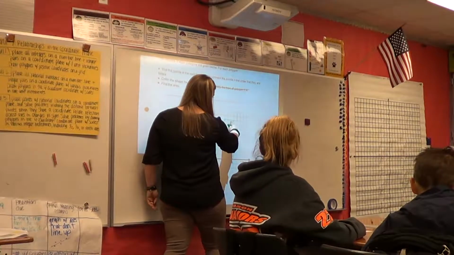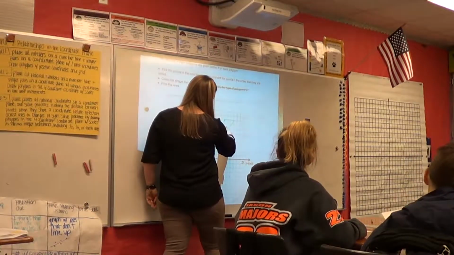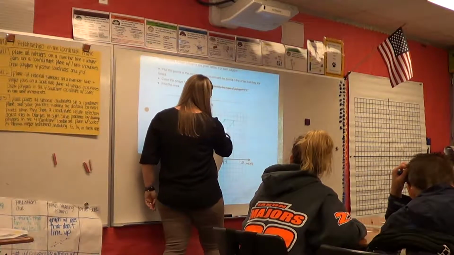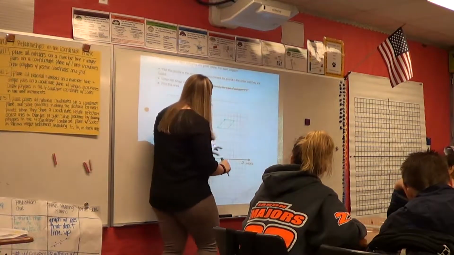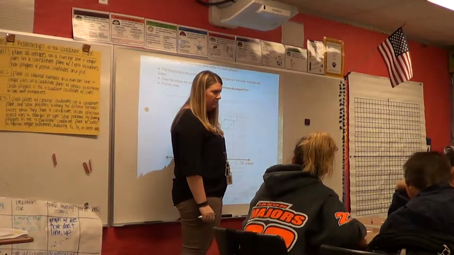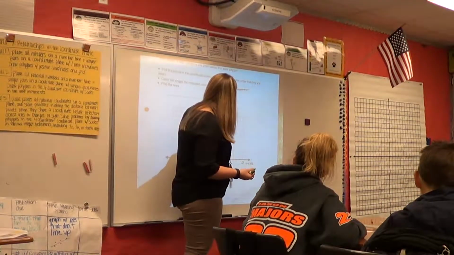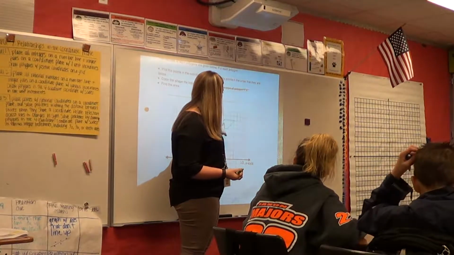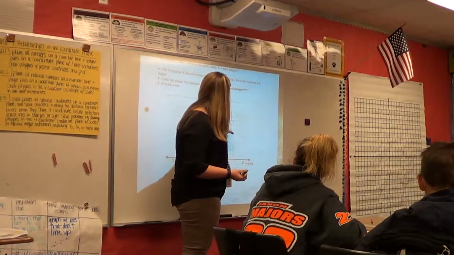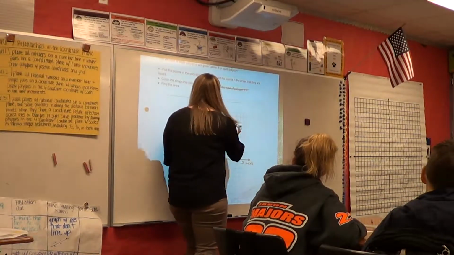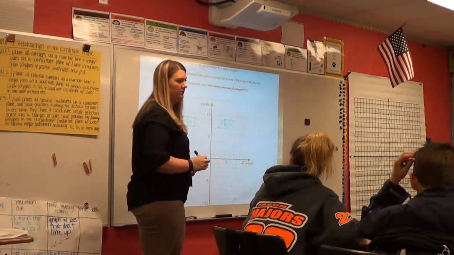So that's 1, that's 2, that's 3, and if I draw my line a little bit straighter, that would be 4. Then see how these ones are cut in half? You can start to add some of those halves together. So this and this is a half, so that's another whole, so that's, what am I at, 5? 1, 2, 3, 4, 5, and then another half would be 6. So the area of this shape is going to be 6.